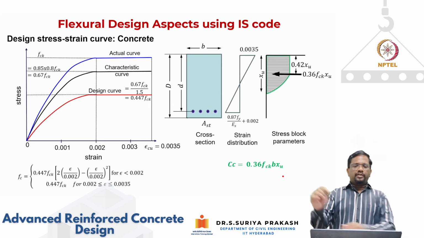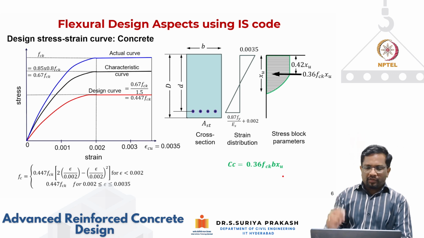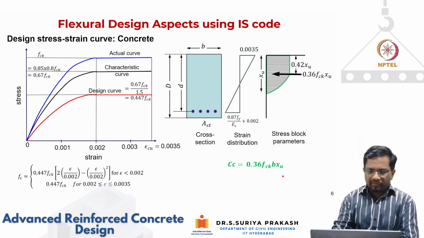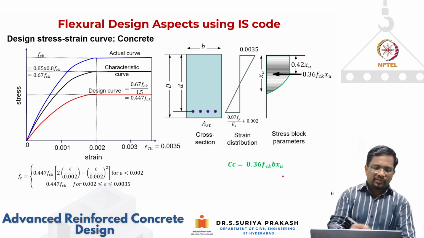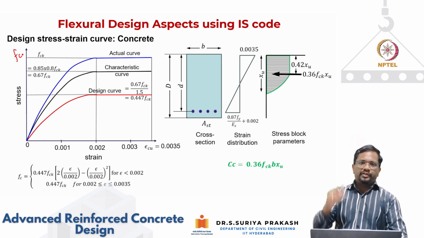Right. Now let's look at how the design stress strain curve for concrete is. We have seen the previous curve. If you look at the stress in the concrete as fc and strain epsilon c, how was the previous curve that we have used?